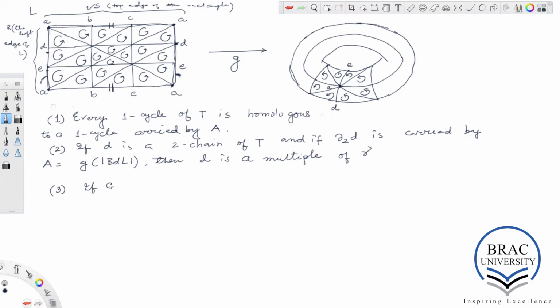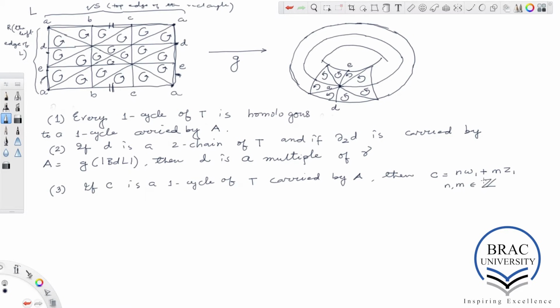If C is a one cycle of T carried by A, then C is of the form N W1 plus M Z1, where both N and M are integers.